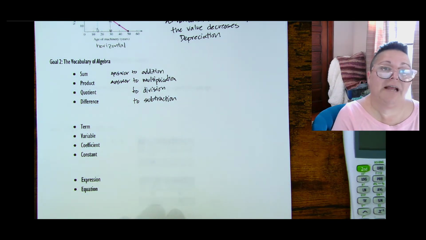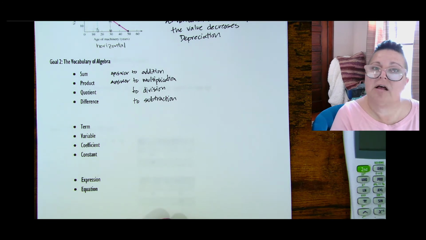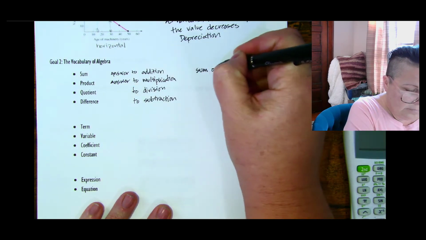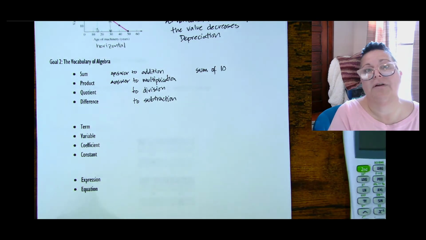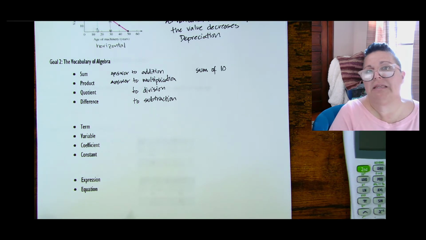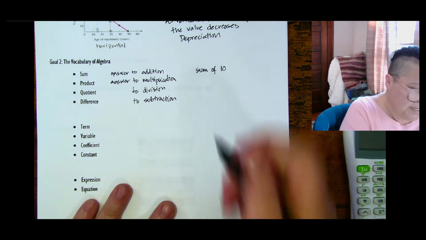So I could ask a question like, what two numbers have a sum of 10? There is not just one answer to this question. That could be 1 added to 9, 3 added to 7, 0.5 added to 9.5. It's simply telling me that 10 is the answer to that addition problem. Product is the answer to multiplication.